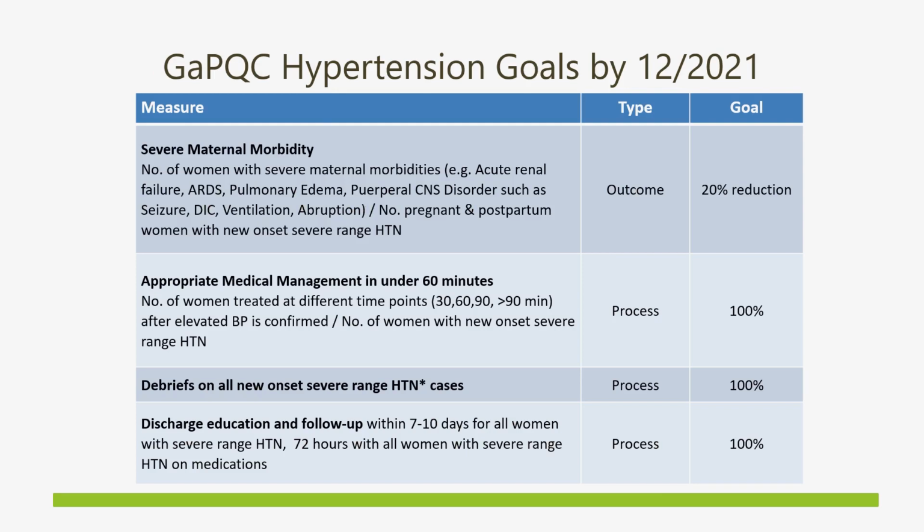And we did look at modeling this after a state, Illinois, that has been successful in achieving it. It's kind of a lofty goal, but we want to keep that in place. The appropriate medical management in under 60 minutes, 100% for that. Debriefs on all new severe range hypertension cases, and discharge and follow-up within 7 to 10 days for all women with severe range hypertension.